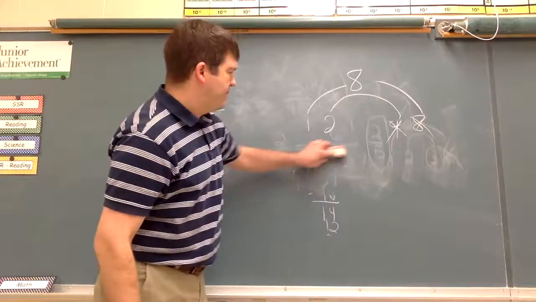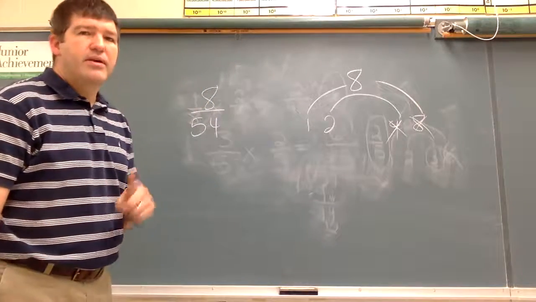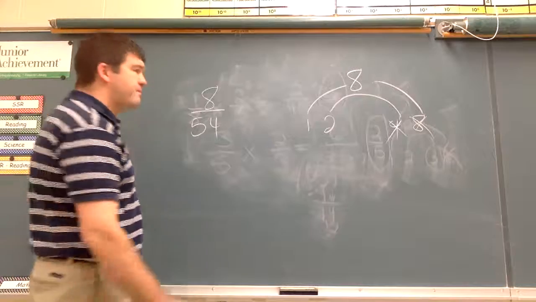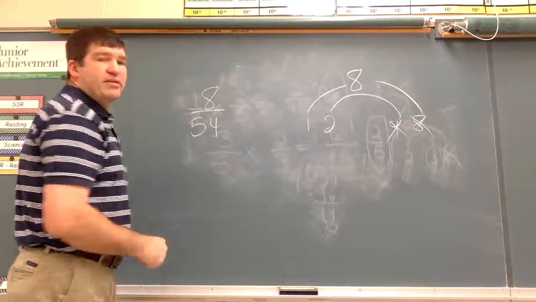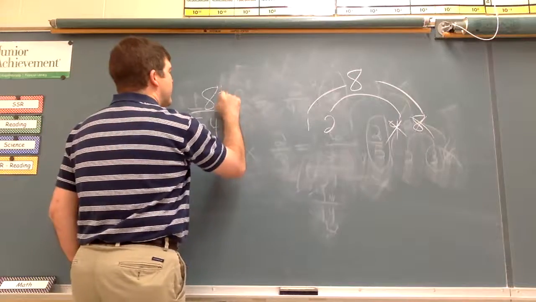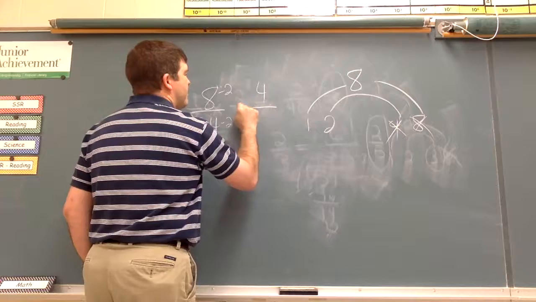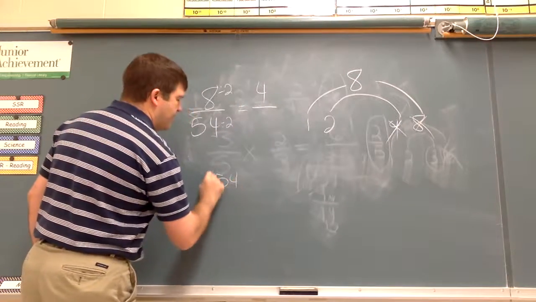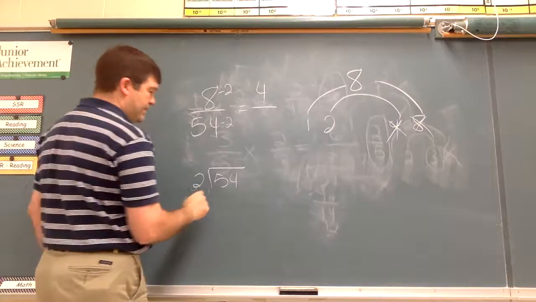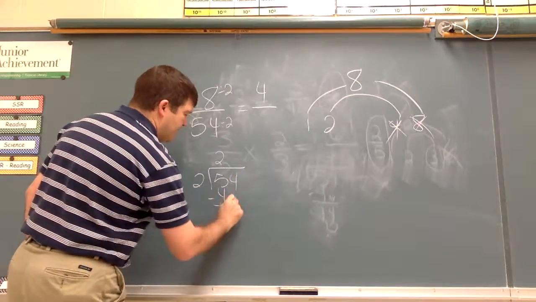All right. It's taking a little bit of time, a little bit of work, but we're going to get the right answer, and that's the key. So let's try 2. Oh yeah, this is even, so I know 2 goes in here. So divide this by 2 and this by 2. 8 divided by 2 equals 4. 54 divided by 2, if you're not sure how to do it, you just do it like this. 2 times 2 is 4. 1.